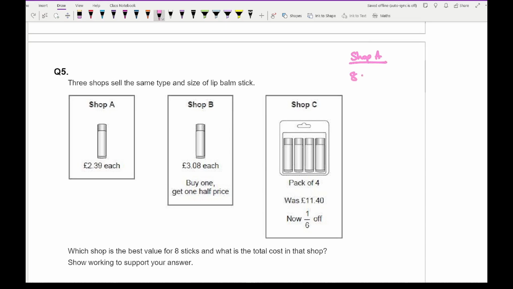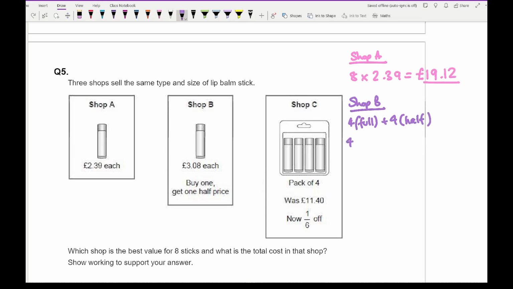So that's going to be 8 lots of £2.39, which if I type into my calculator gives me an answer of £19.12. Then for shop B, now here we get buy one get one free, so it's going to be 4 at full price plus 4 at half price.